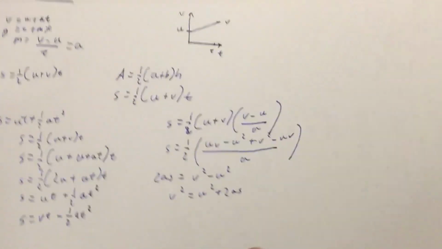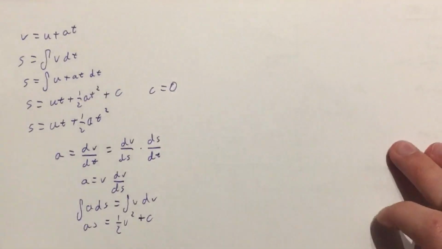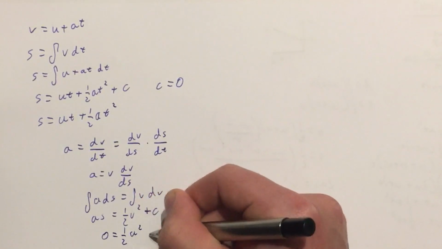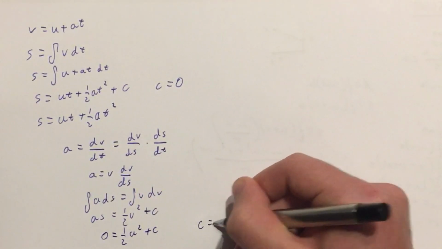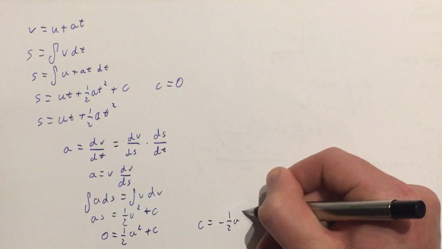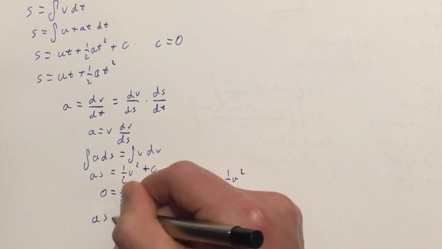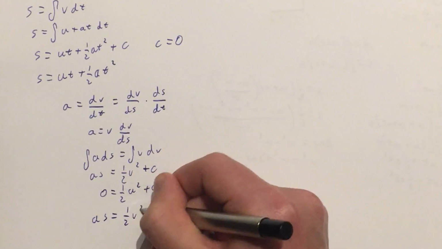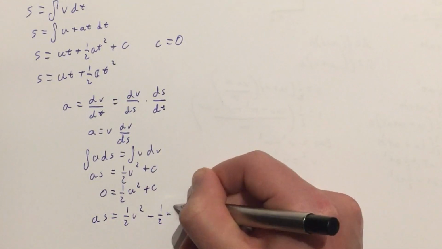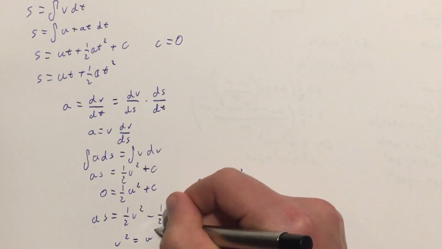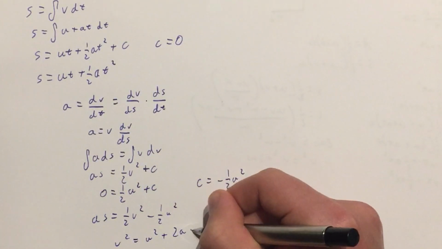So if we sub that in, we get 0 equals a half u squared plus c. Therefore c equals minus a half u squared. Subbing in again, we get as equals a half v squared minus a half u squared. Therefore v squared equals u squared plus 2as.